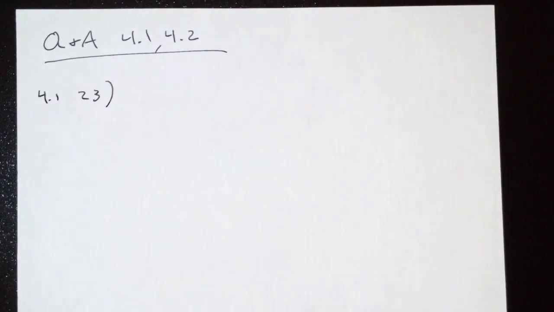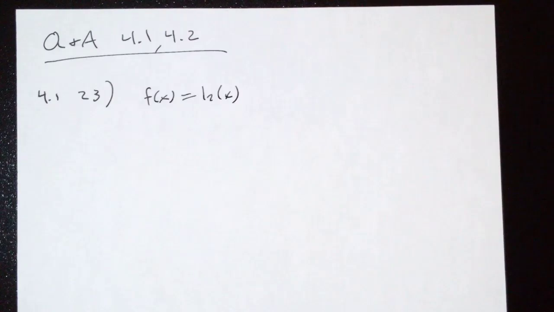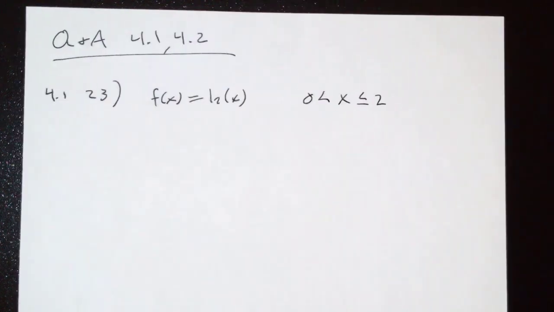So this function, we are given f of x is ln of x from 0 to 2. And it's important that I note here that we're not including 0. Okay.